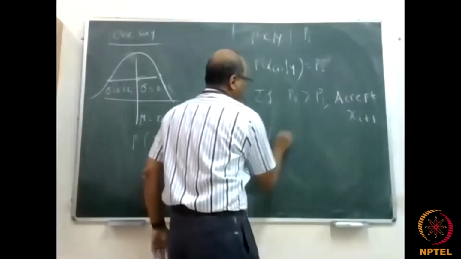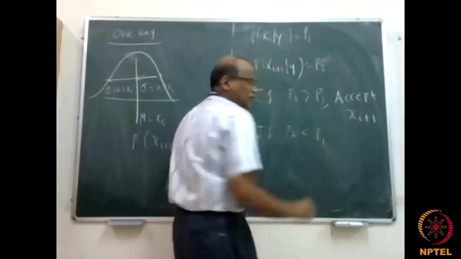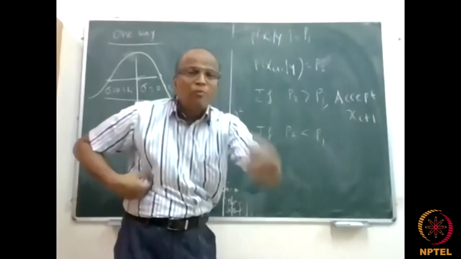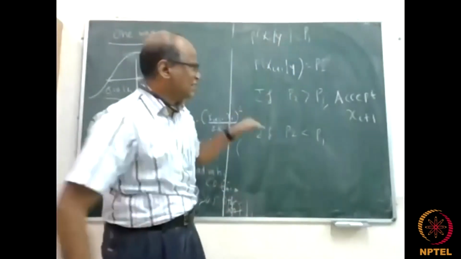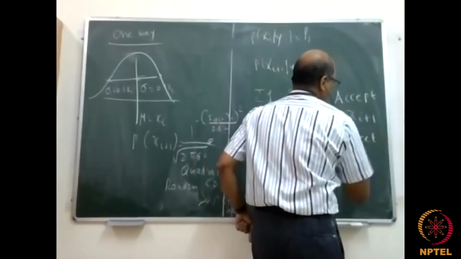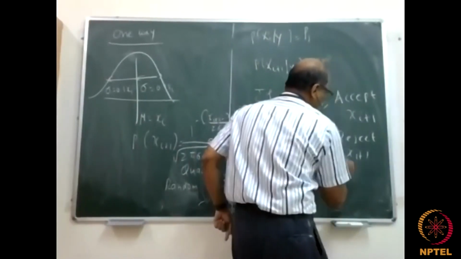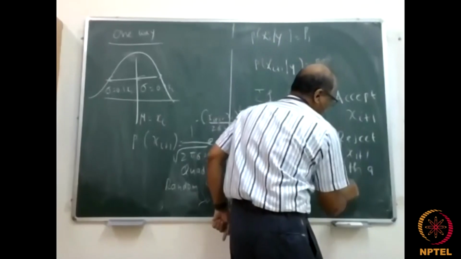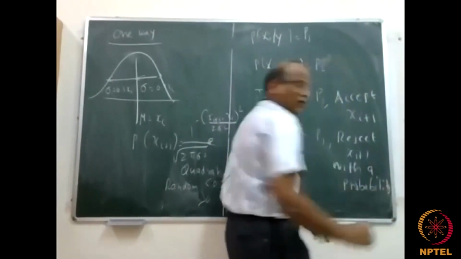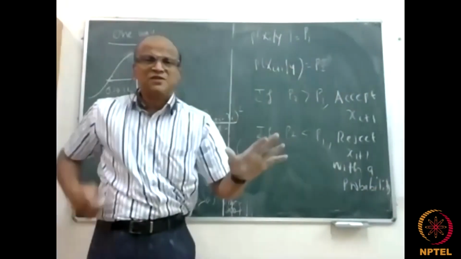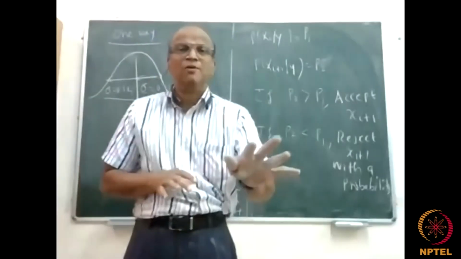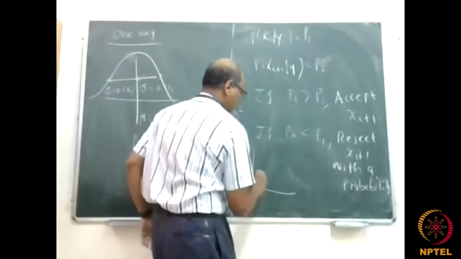If P2 is less than P1, then the new sample is bad, therefore you reject it. Metropolis and Hastings said to reject xi plus 1 only with some probability. What it means is, initially when you are doing a random search, you don't want to get stuck in a local minimum. So sometimes a function can be like this.